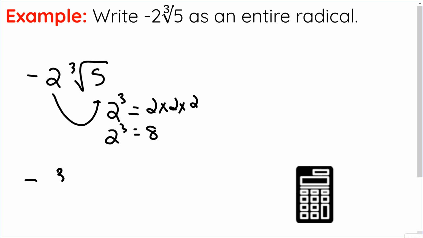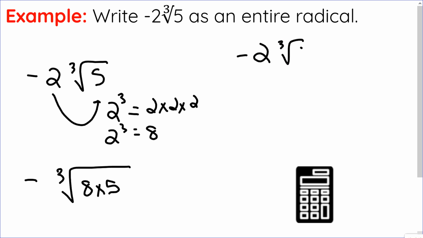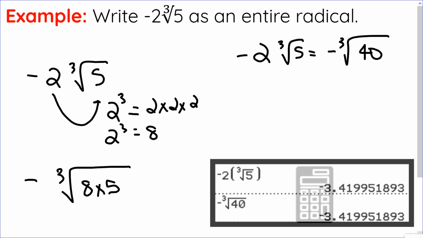So it's going to be negative the cube root of 8 times 5. So that tells me that -2 cube root 5 is the same as negative the cube root of 40. Now let's check that on our calculator to see if that's right. And you can see, even though they do look different, they do in fact have the same value.